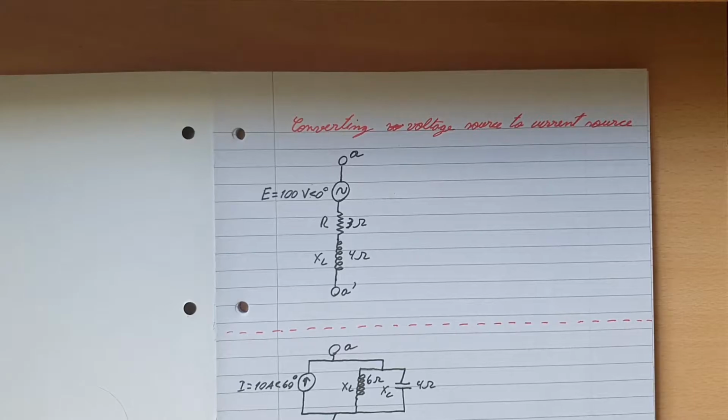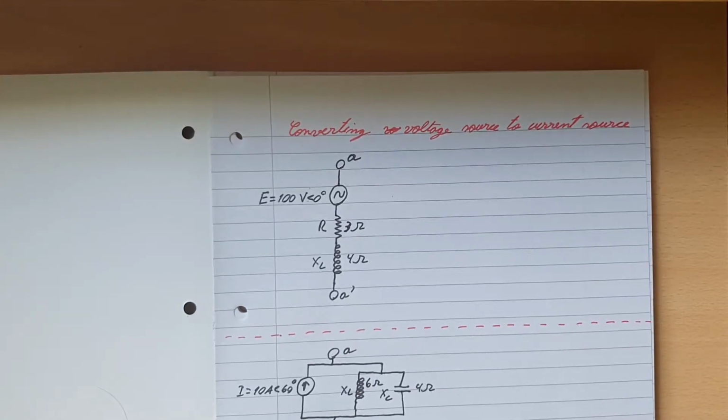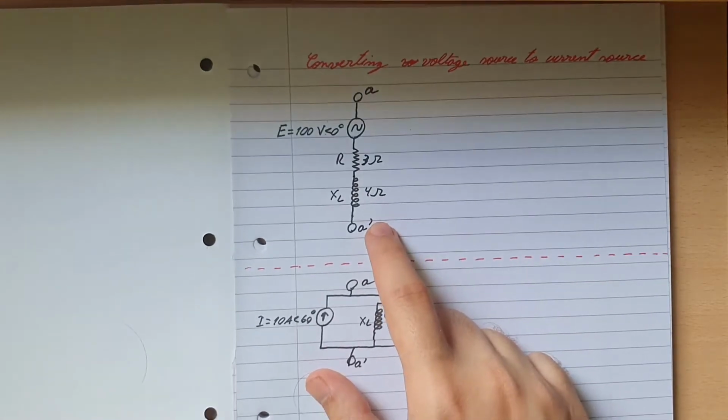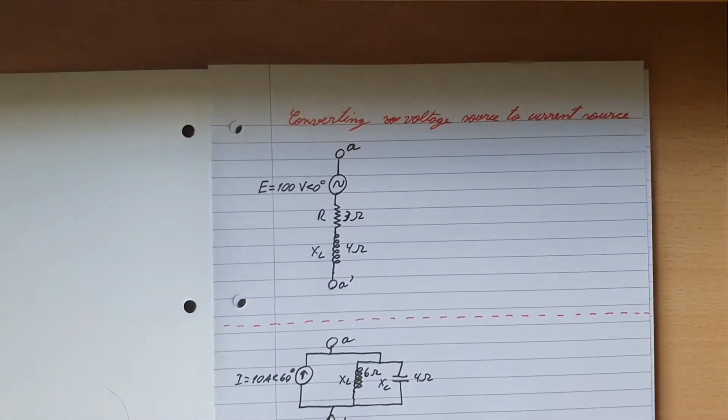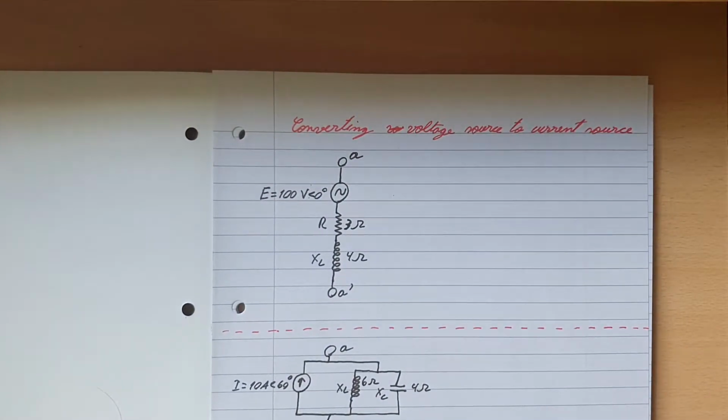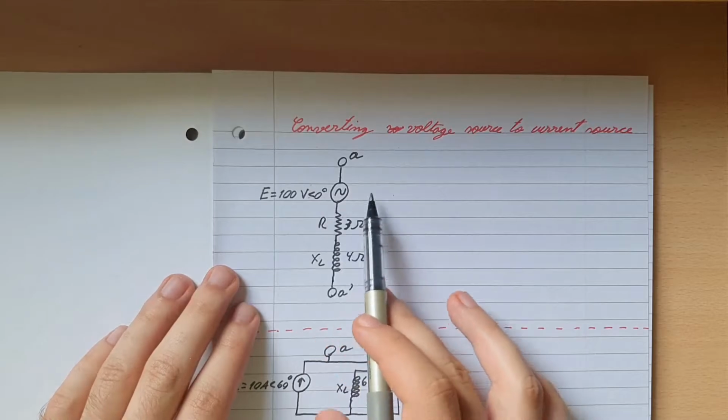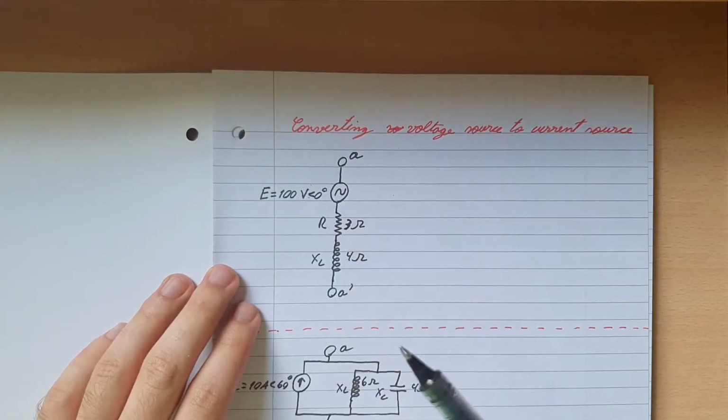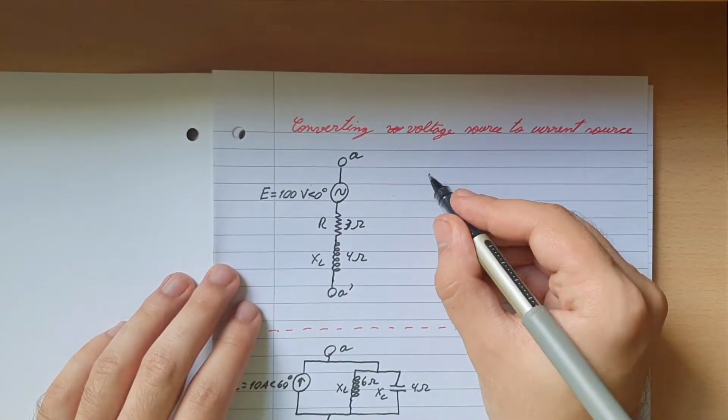First let's go through some basics, and one of those basics is conversion. There's this special thing you can do, which is converting components. More importantly, you can convert sources. For example, I can change this voltage source into a current source by simplifying the formula.